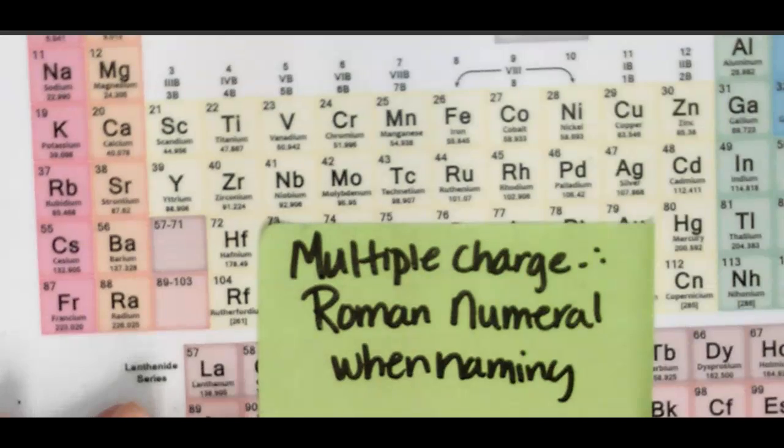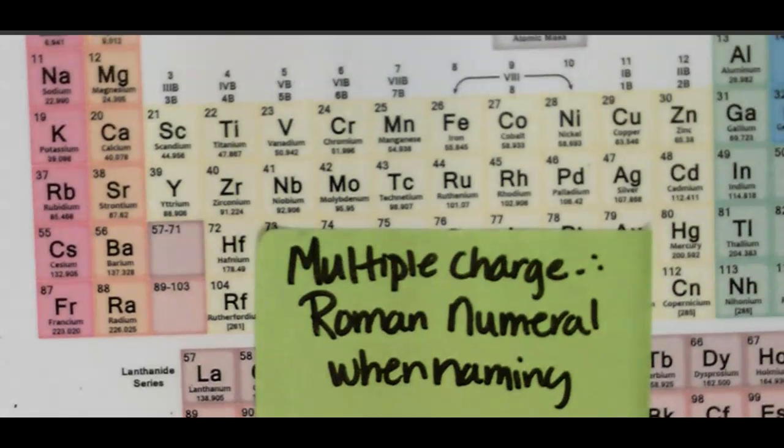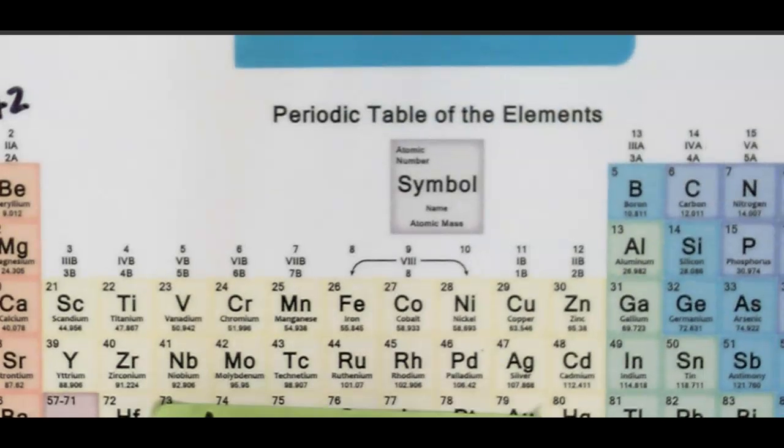Okay, so that would not be something that it would hurt to put on your paper. So that is our yellow area here. If you're looking at this periodic table, it is that yellow area.